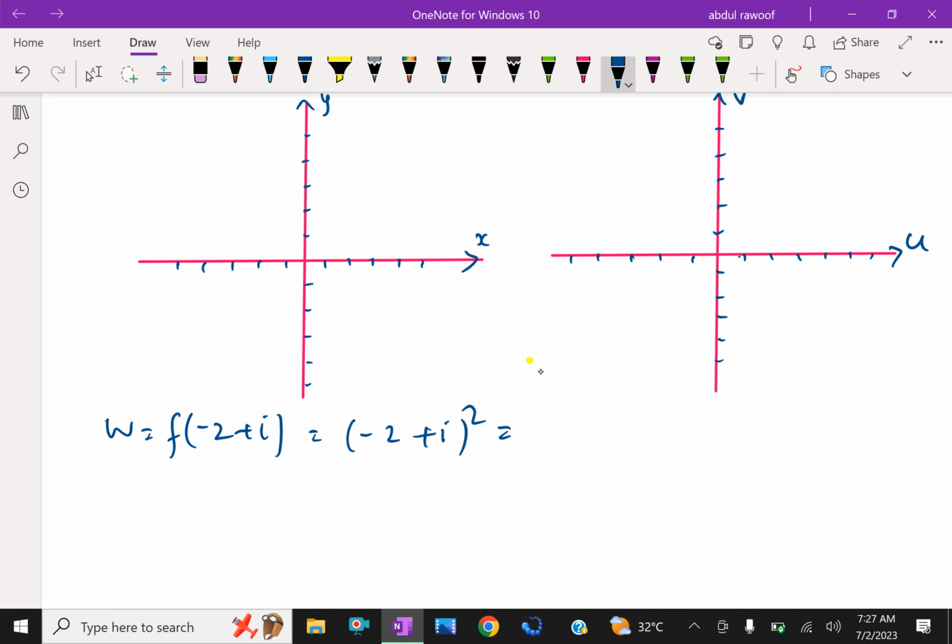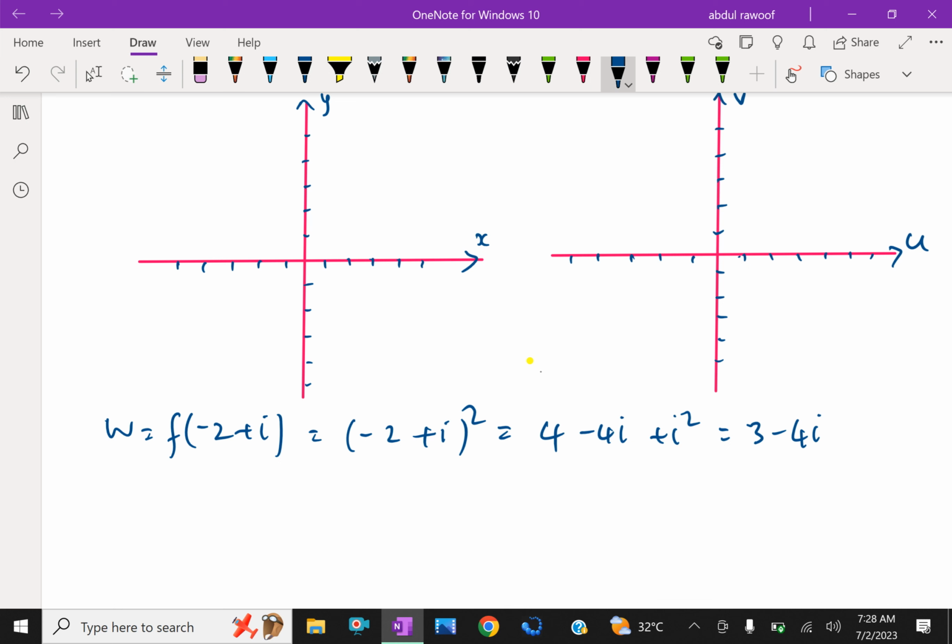Expanding this, minus 2 square is 4, minus 2ab is minus 4i, plus i square. Here i square is minus 1, so 4 minus 1 is 3, that is 3 minus 4i.